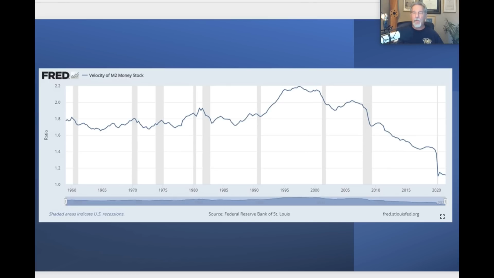This is from the Federal Reserve, St. Louis, and this is a record low level of the velocity of money. That means our economy is coming to a screeching halt. Money is not moving. Why is that? Well, because there's inflation. And families got to put food on the table.